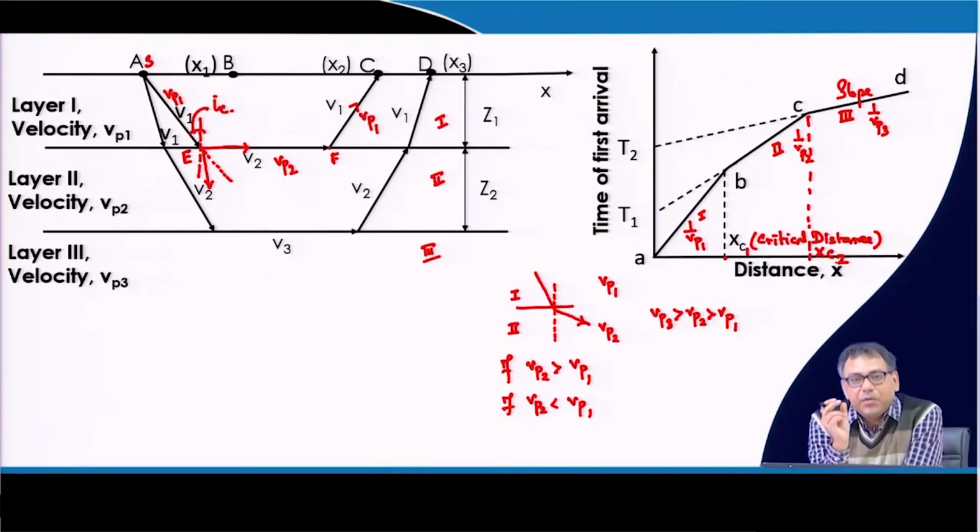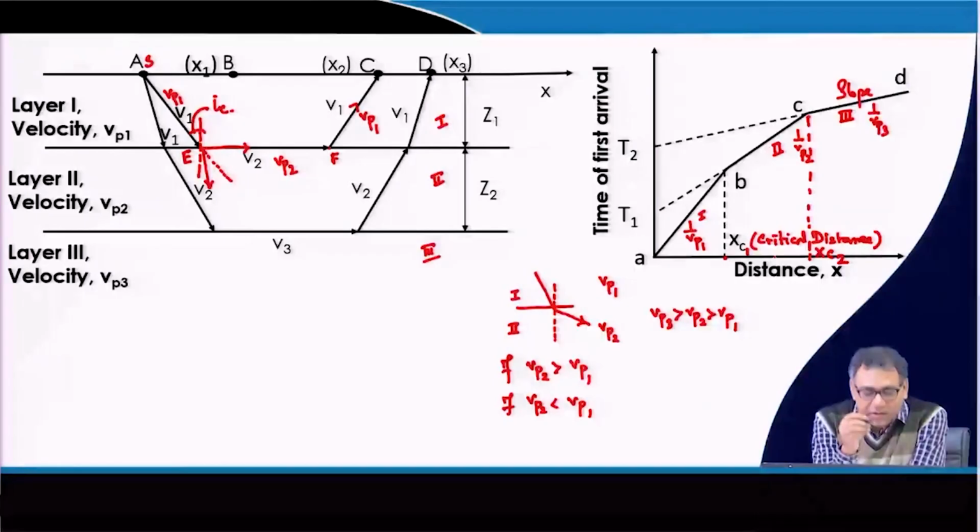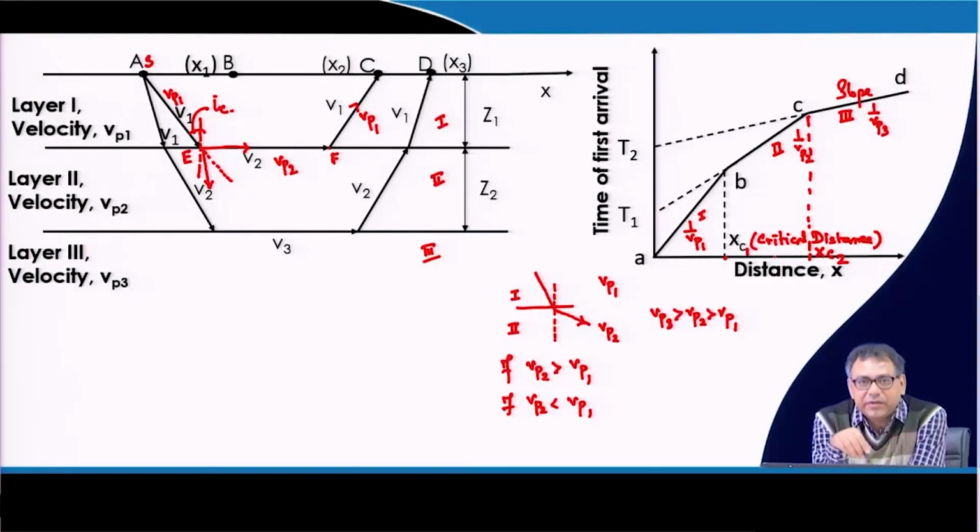If you put any geophone within the distance of xc1, then your direct ray will reach first. If you put a geophone between the distances xc1 and xc2, then the refracted rays passing through the interface of the first and second layer will reach first.